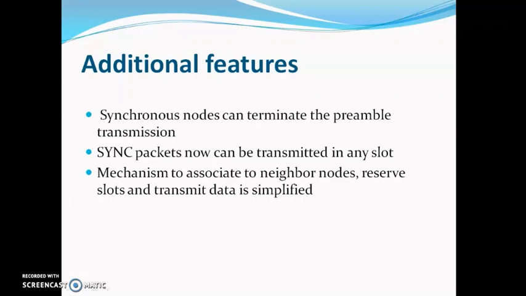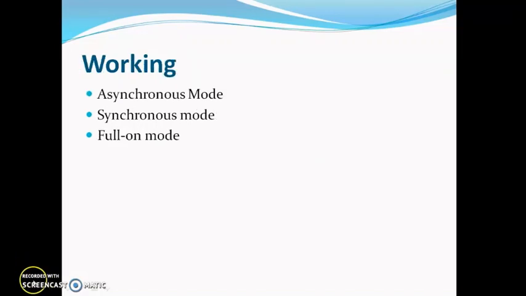The mechanism to associate to neighbor nodes, reserve slots and transmit data is simplified, which allows this protocol to associate with neighborhood nodes in very little time. Similar to the MHMAC protocol, it also operates in multiple modes, that is synchronous, asynchronous and full-on mode. Its working is similar to the MHMAC protocol.